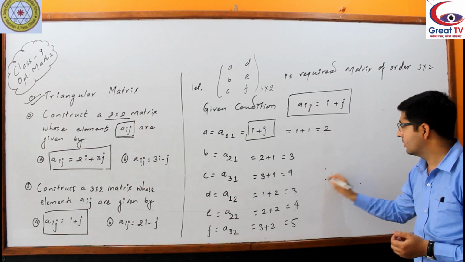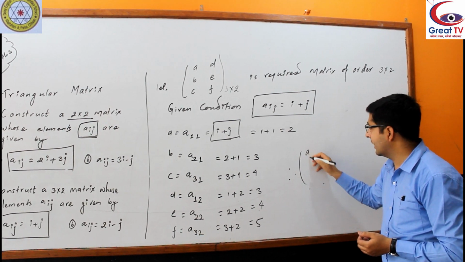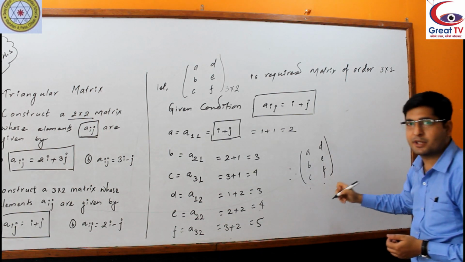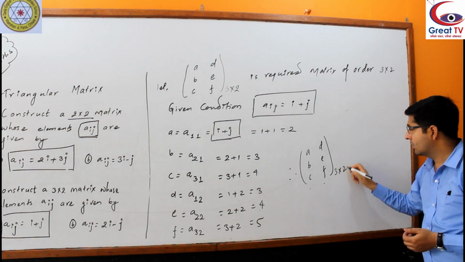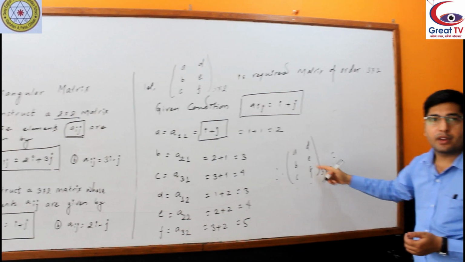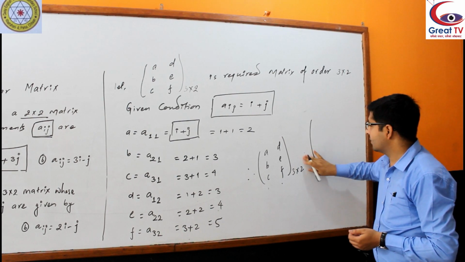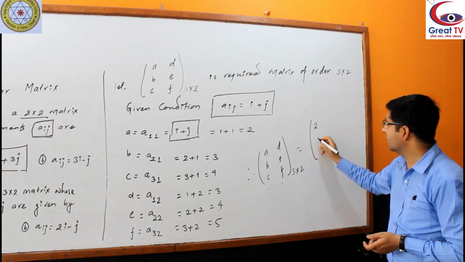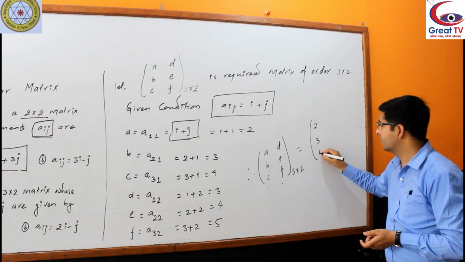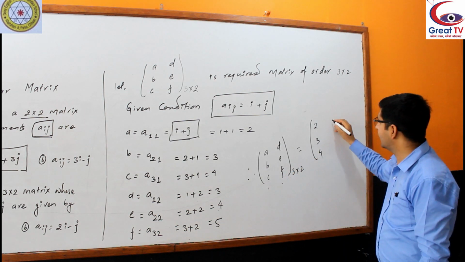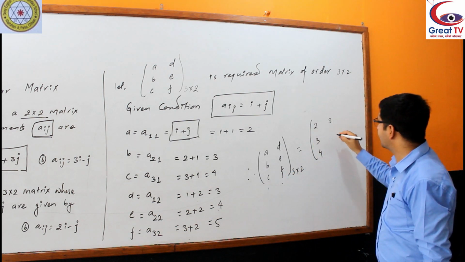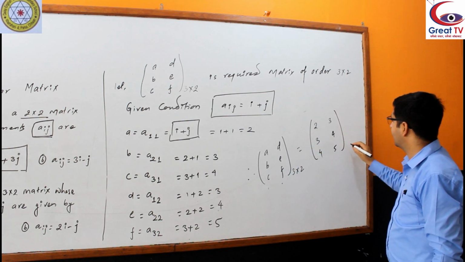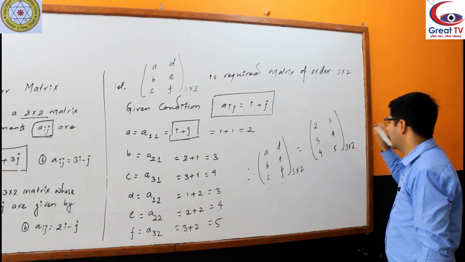Therefore the required matrix has order 3 by 2, with the values A equals 2, B equals 3, C equals 4, D equals 3, E equals 4, F equals 5. This is the required matrix of order 3 by 2.